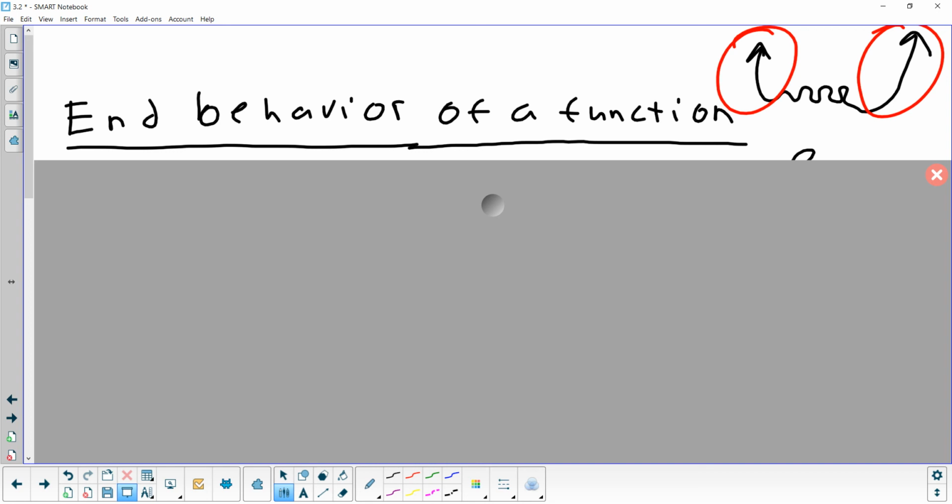There's 4 different variations you can have. Up, up, down, down. One end is up, one end is down, and then switch it. One end, the other end is up, and the other end is down. And as far as these details in the middle, end behavior doesn't care about any of that. It just cares about what do the ends do. And you have 2 options for each end, up and down.